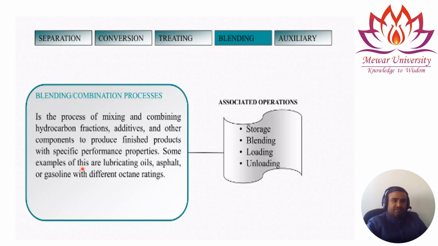Some examples of this are lubricating oil, asphalt, or gasoline with different octane ratings. The associated operations for this are storage, blending, loading, and unloading of the petroleum product.